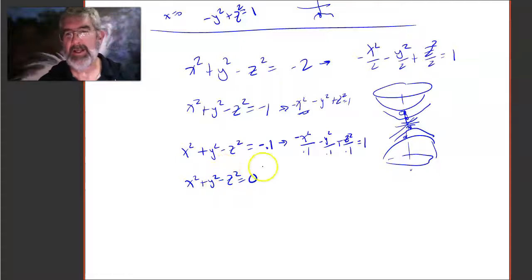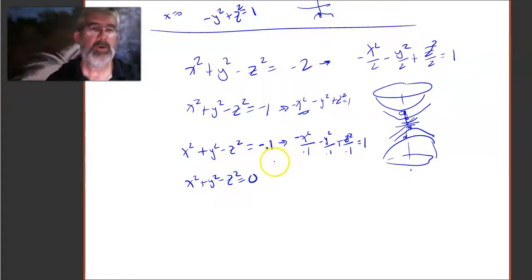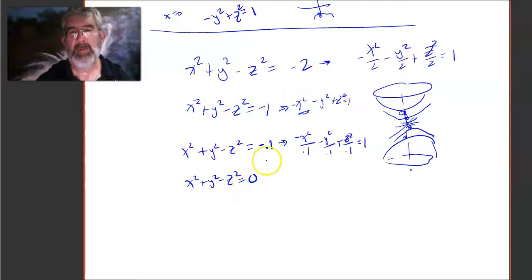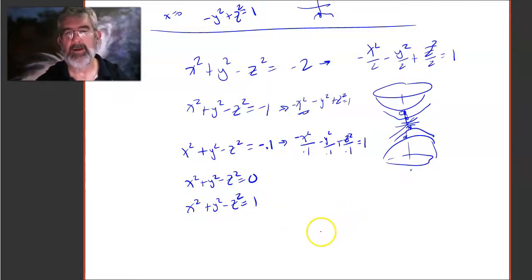But the point here is that hyperboloids of 1 sheet and hyperboloids of 2 sheets are very closely related based on the number over here that you divide by before it becomes a 1. With these negatives here, even though this looks like I've got a plus, plus, minus, that might be 2 sheets because that's a minus. When I divide, it becomes minus, minus, plus, and I have a hyperboloid of 2 sheets. Once I then get to positive numbers, x squared plus y squared minus z squared equals +1 over there, this is now a hyperboloid of 1 sheet.